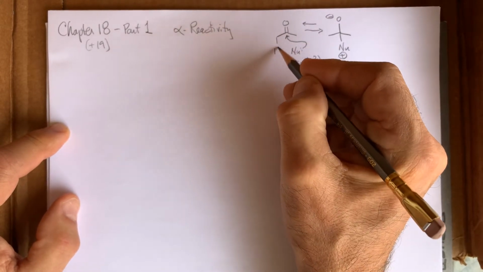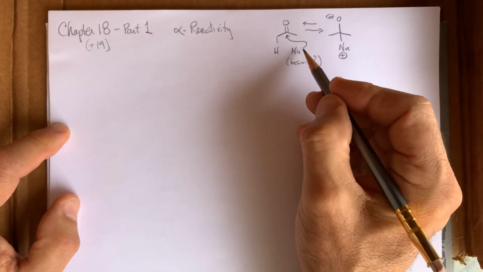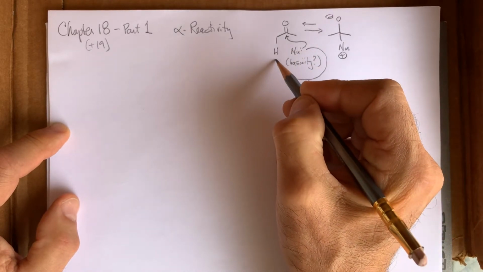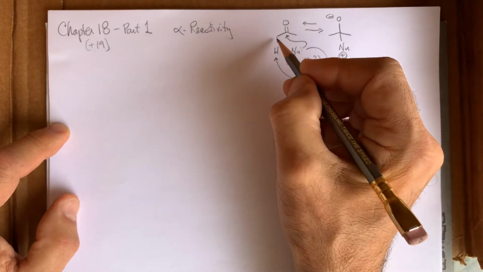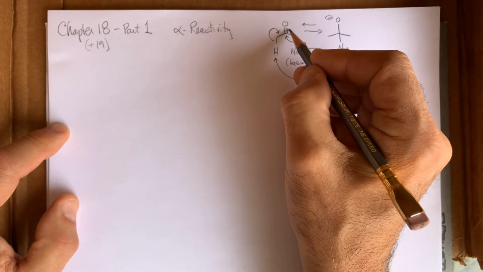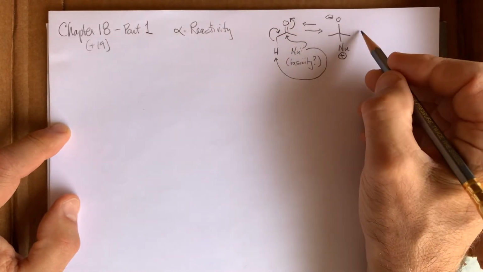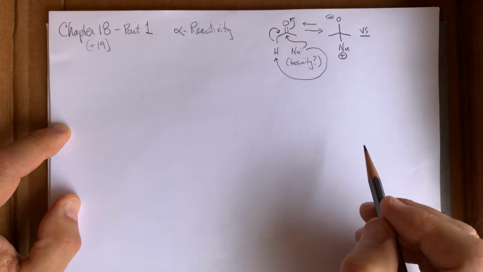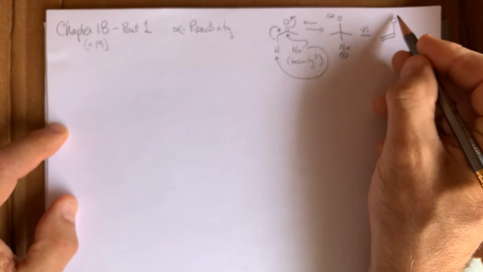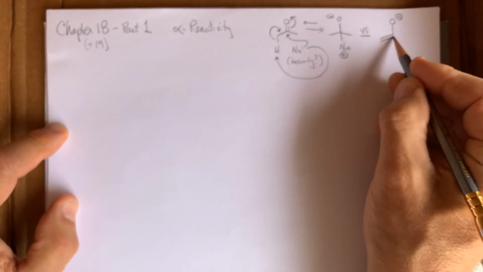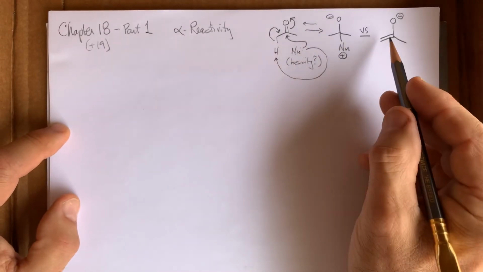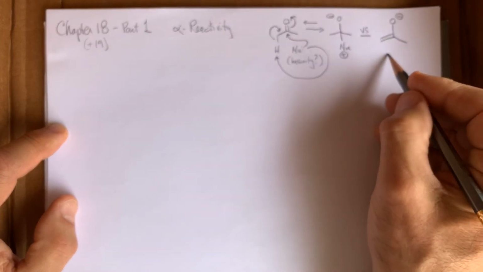So if your nucleophile is basic, you can also, and I apologize, I'm going to throw competing reaction arrows here, and just say that carbonyls can be turned into enols or enolates.